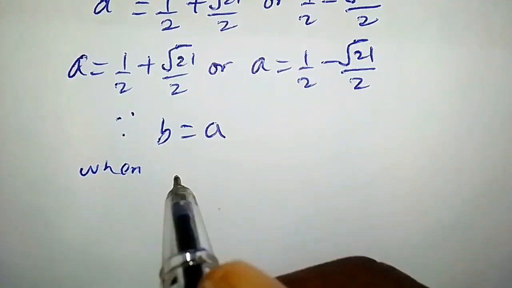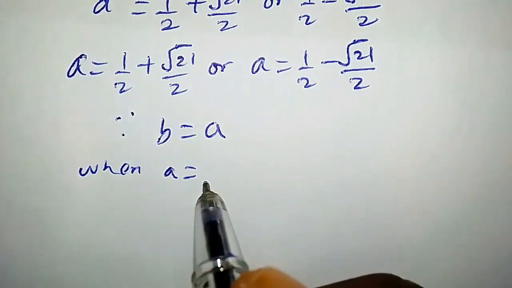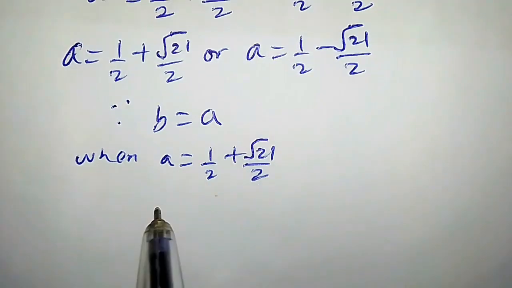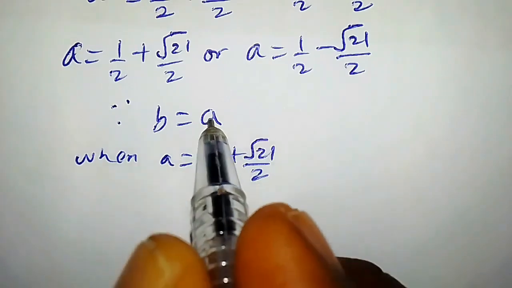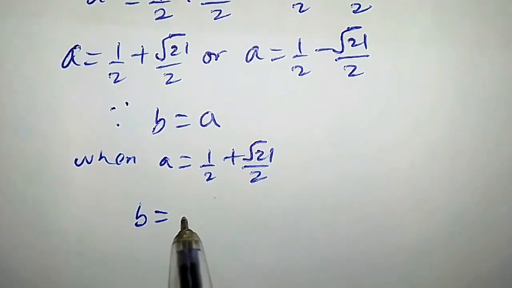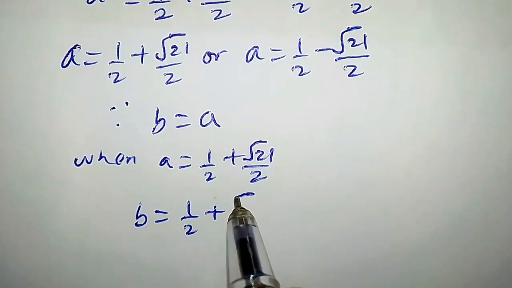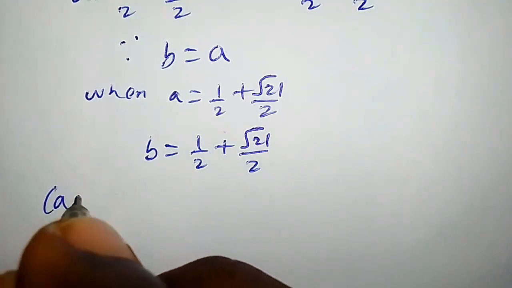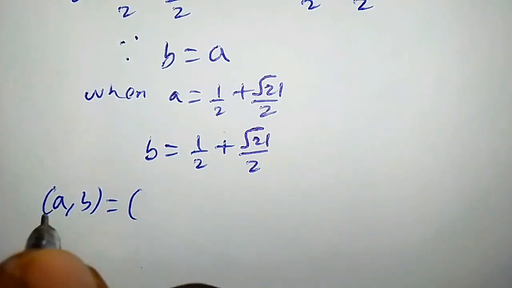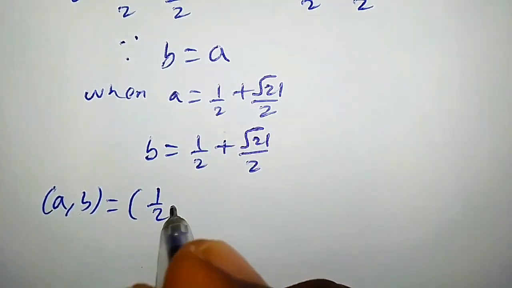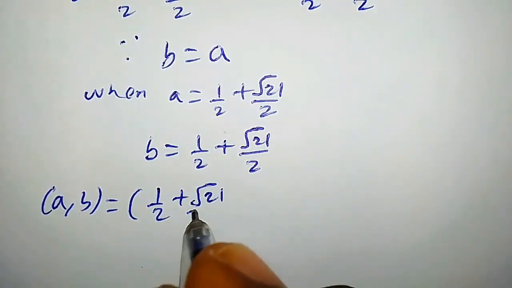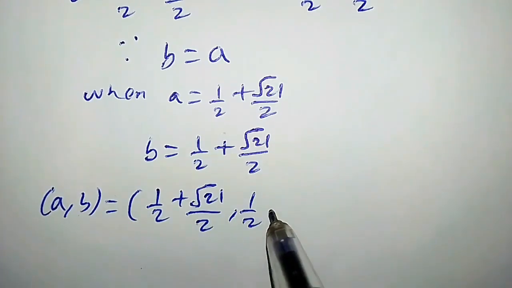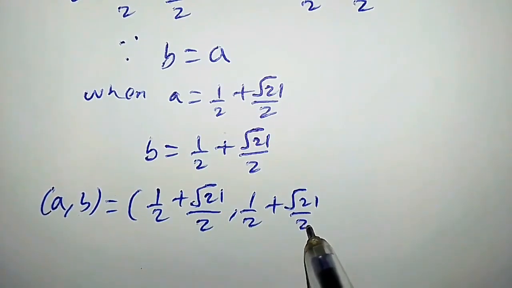When a is equal to 1/2 + √21/2, clearly, plugging this value of a into b = a, b is equal to 1/2 + √21/2. So our first solution (a, b) is a is 1/2 + √21/2, comma, what is b? b is 1/2 + √21/2.